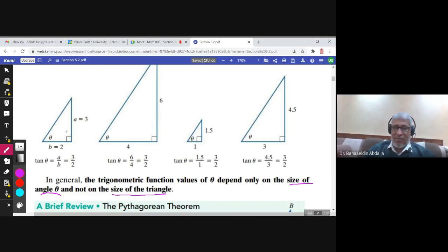And it is true for sine, for cosine, for all the 6 trigonometric functions. Tan theta is opposite over adjacent, 3 over 2. You can see that in these 4 triangles, theta is the same, but the measures of the sides are different. This is 2, 3, this is 4, 6, this is 1, 1.5, 3, 4.5. But if you divide the opposite over the adjacent, you will always get the same result.